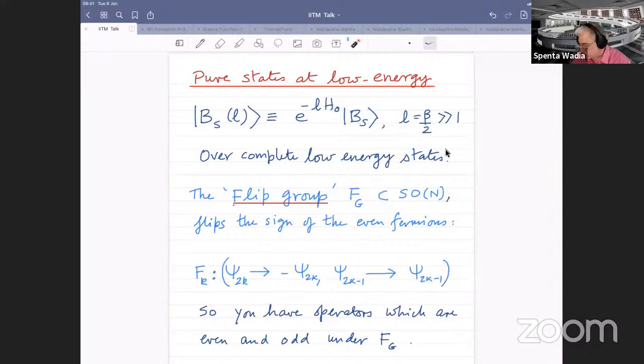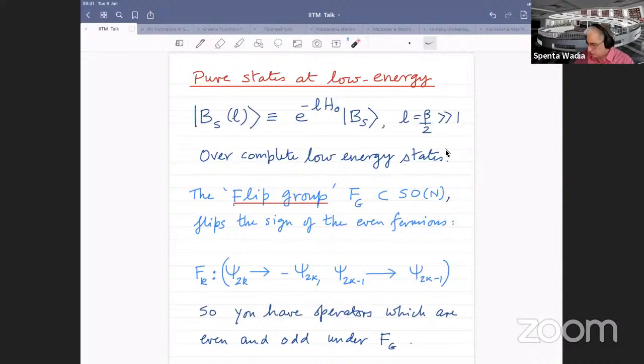A low energy projection means L is very large. It's just half the temperature. And you get this whole family of over-complete states, but they all are at low energies, which means expectation values of operators in this type of states can be understood in terms of some hydrodynamics, as we will see.